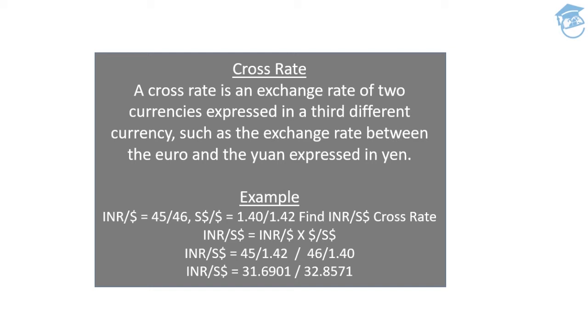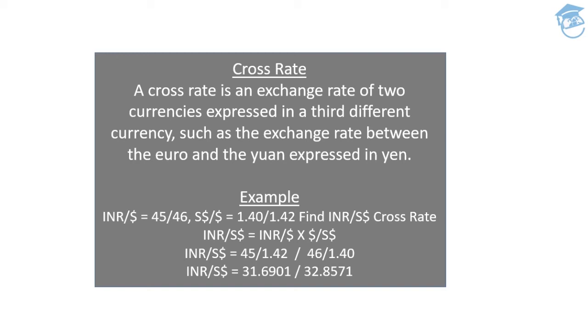46 divided by 1.40, you will get the figure of ask. Now coming back to the bid point. Let's suppose I need to take out the bid part. What if the bank, in the first scenario, gets the request that I need to sell my Indian currency? The bank will say, okay, I can purchase your Indian currency, but I'll pay you only 45 rupees, which is my bid.